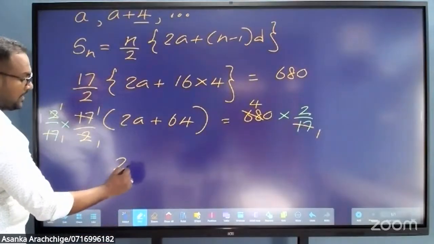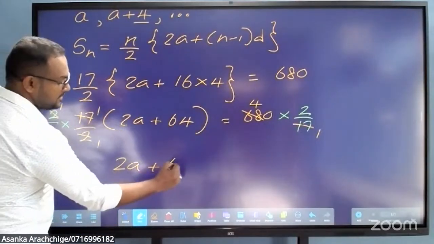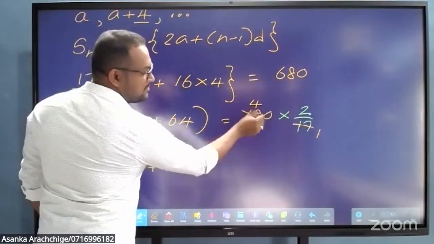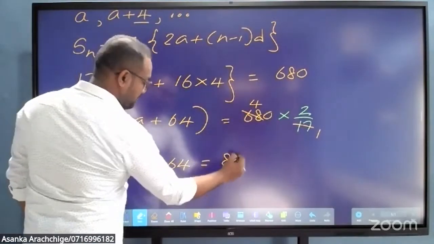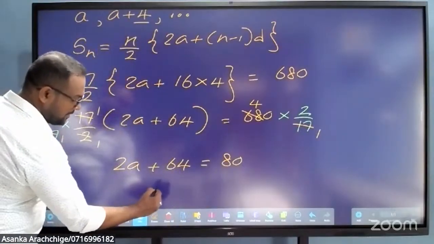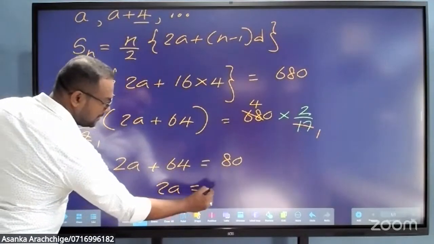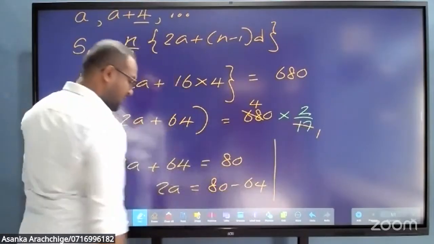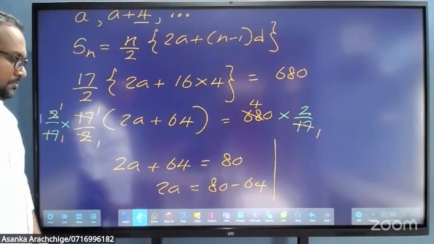Therefore, 2a plus 64 is equal to 2 times 40, 80. So 2a is equal to 80 minus 64. Then 2a is equal to 16.